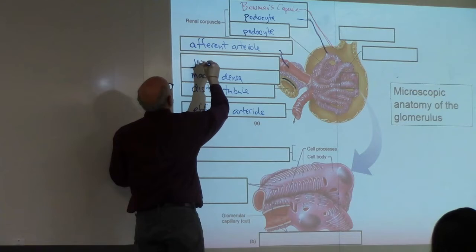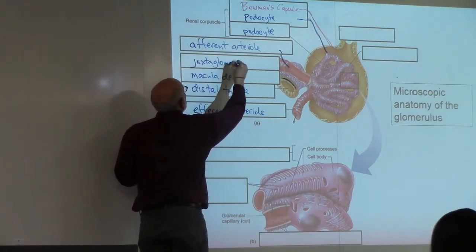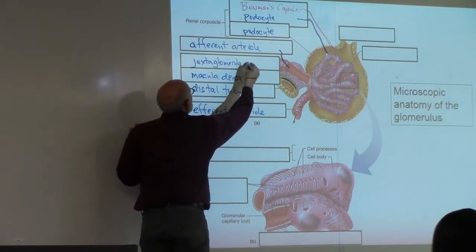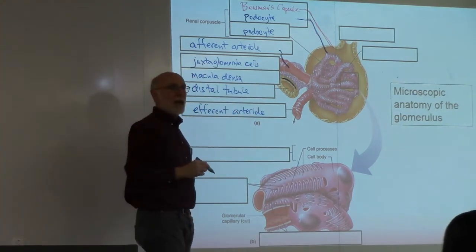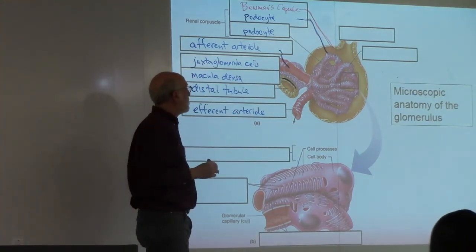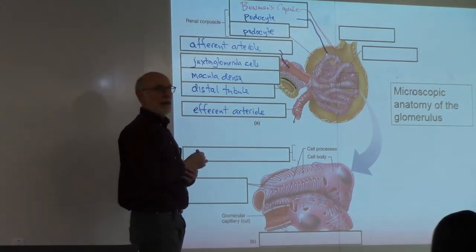Juxtaglomerular? There it is, juxtaglomerular cells. So they're in contact with the macula densa. And they make the contact between the macula densa and the smooth muscle of the afferent arteriole.